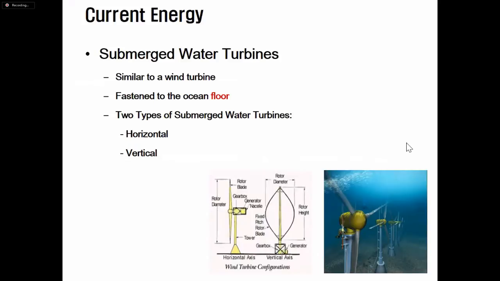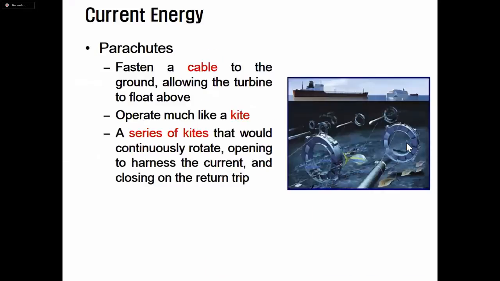So this is a horizontal type. And this is a parachute type, a parachute shape. They need a cable fastening to the ground of the seabed, allowing the turbine to float above the bottom, operating much like a kite.